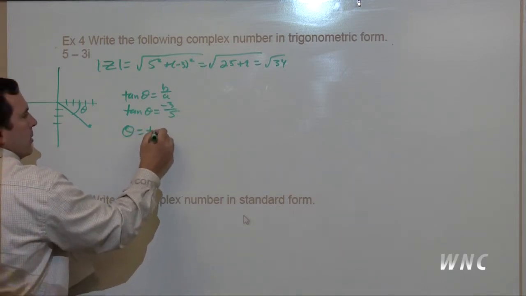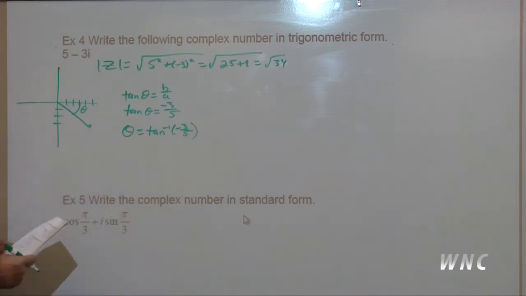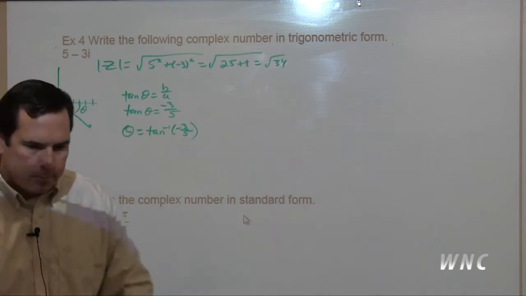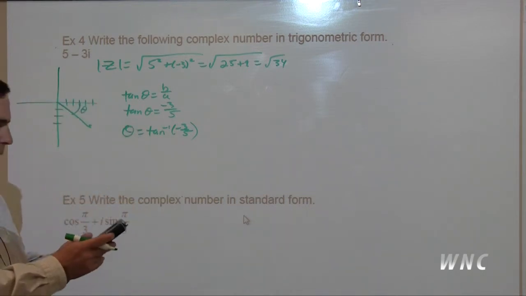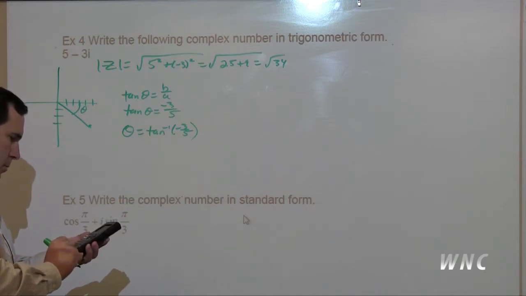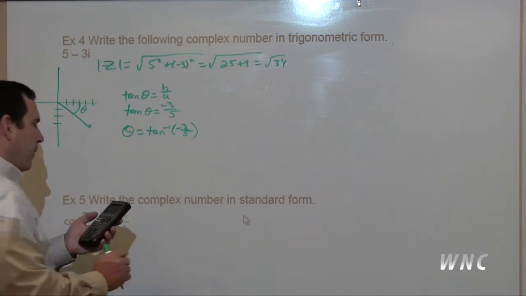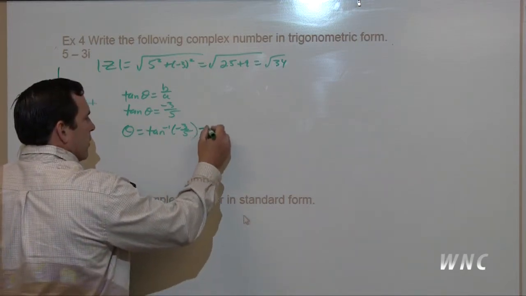Theta would be arctangent of negative 3 over 5. If we put that in our calculator, make sure it's in radian mode. Get negative 0.54042.